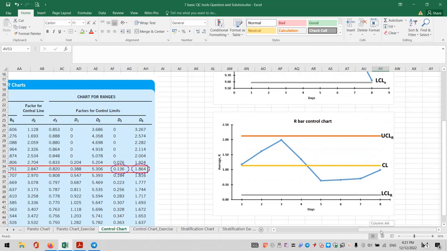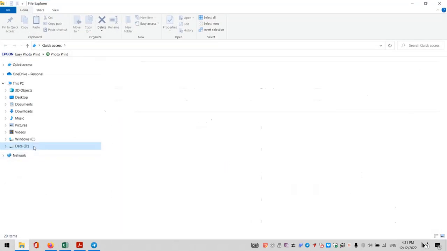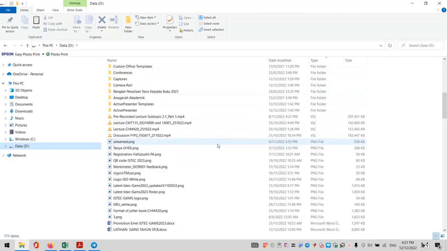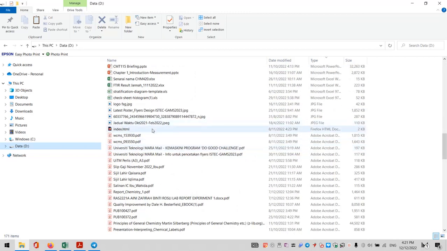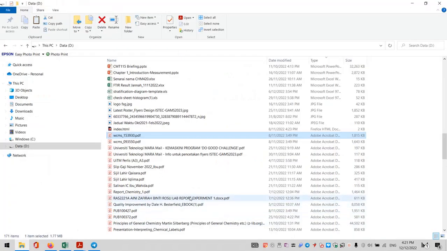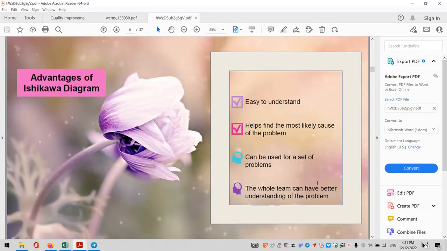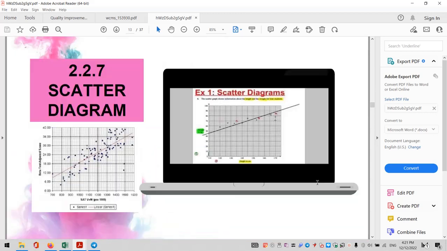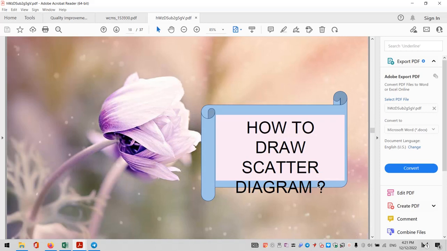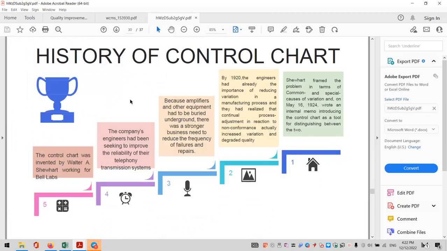So, the control chart. What is the control chart actually?